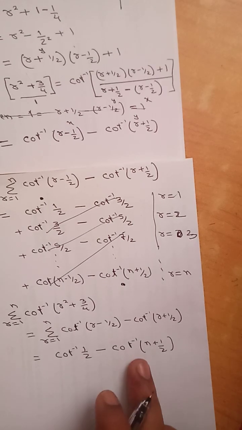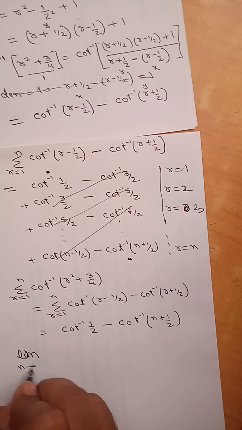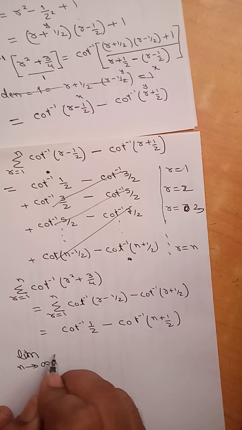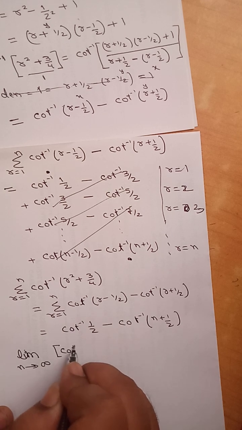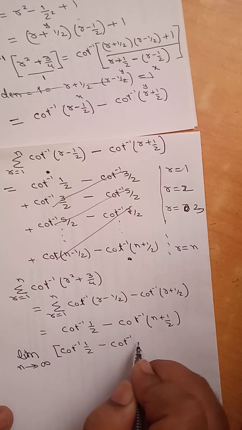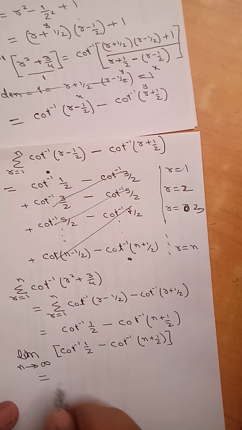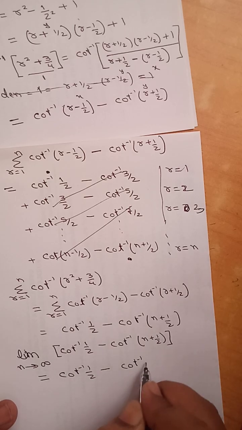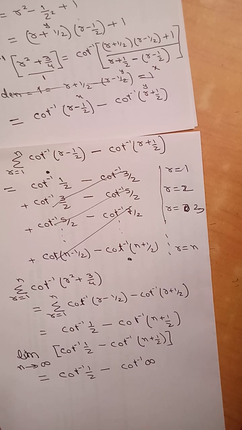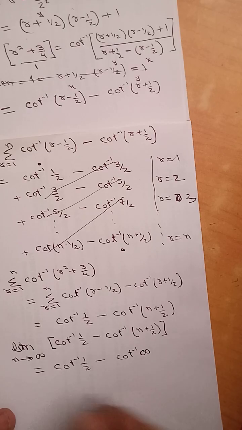If up to n he asks, you have to write this. Therefore, limit n tends to infinity of cot inverse of 1 by 2 minus cot inverse of (n plus 1 by 2) is equal to cot inverse 1 by 2 minus cot inverse of infinity. Infinity plus 1 by 2 is again infinity only.